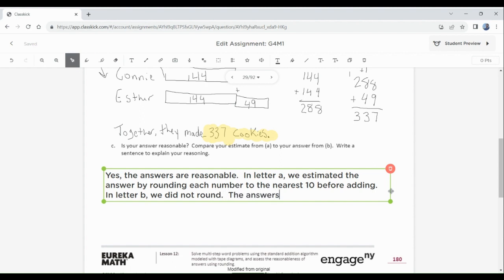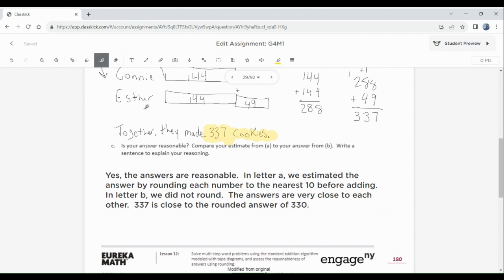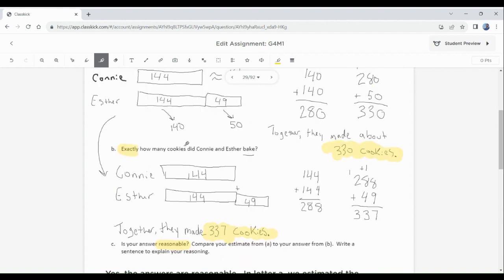The answers are very close to each other. 337 is close to the rounded answer of 330. Basically, when we are looking at whether or not the answer is reasonable, we are looking at whether or not the rounded answer is close to the actual answer.